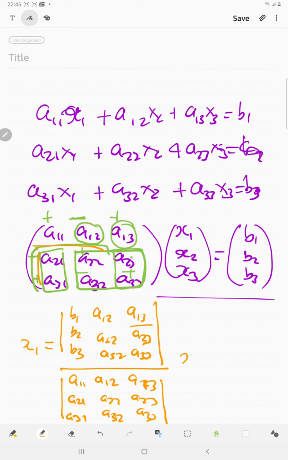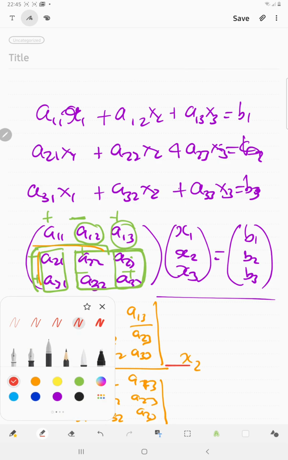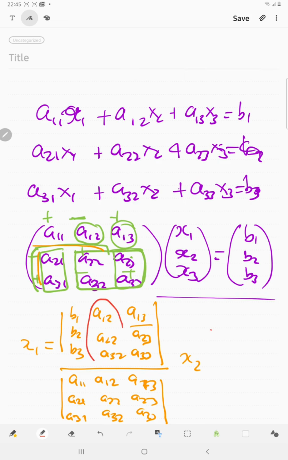For x2, you substitute this column by that and maintain the others in there. For x3, you take this out, bring in my b, and maintain the other ones, like the way we did in the previous mathematics.